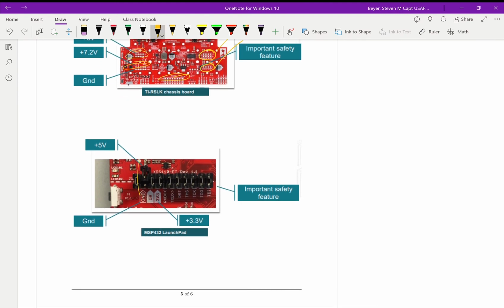Double check your MSP432 to make sure that the 5 volt pin is disconnected. So we are disconnecting that. That is an important thing to note. We are operating the MSP432, we want this 3.3 volt connection to be made. And what that allows us to do is switch between powering the MSP432 between batteries and that USB cable.